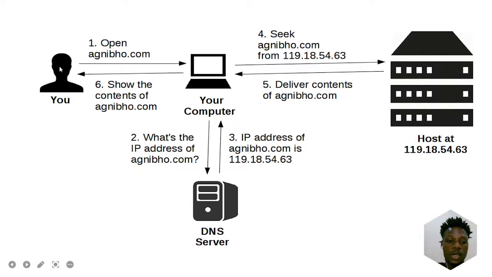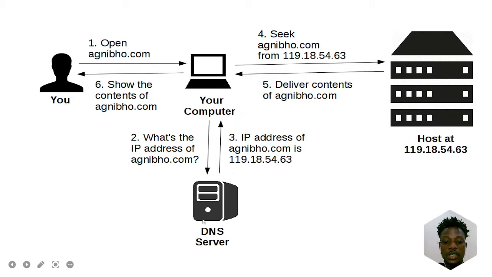Let's say we have a user here, and this user is trying to navigate to this domain name, anibo.com. First of all, the user inputs the domain name into a search box in our browser, and our browser needs to send a request to a server called DNS, which stands for domain name system.